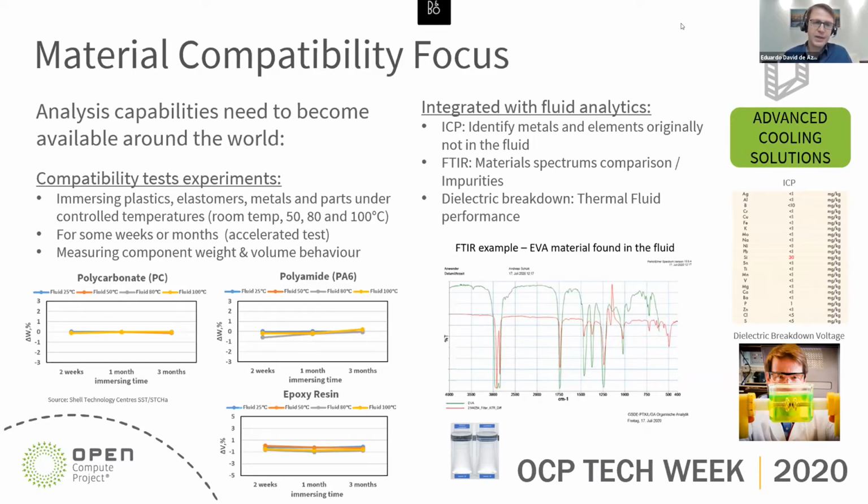Then the component weight and volume was measured very precisely. We observed that some materials have a very low or almost imperceptible variation, whereas some present a little bit more. By working with the component suppliers, this kind of experiment can help in the material selection for a specific part. This is where we work on the compatibility work stream as well.